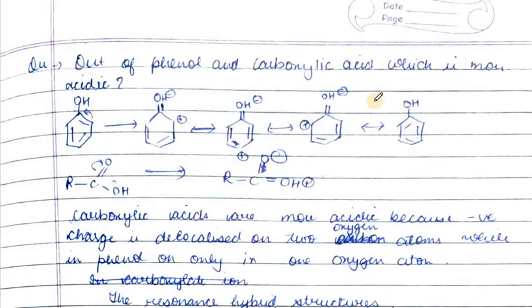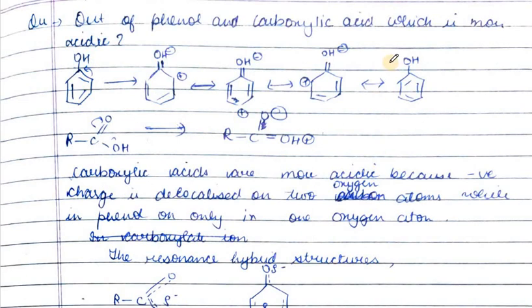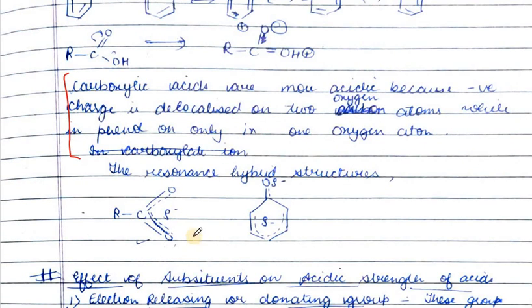So next is, out of phenol and carboxylic acid, which is more acidic? Now carboxylic acids are more acidic because in this the negative charge is dispersed, or we can say we can explain its acidic character on the basis of the hybrid structures of the ions formed from this.